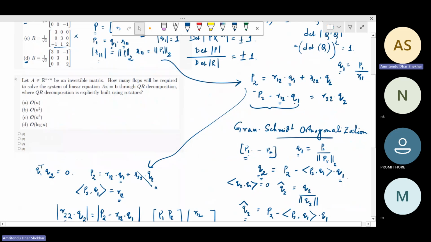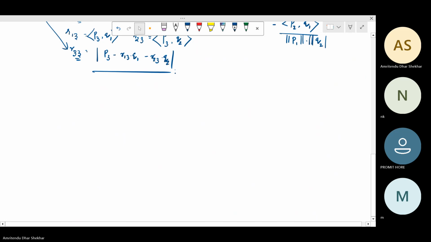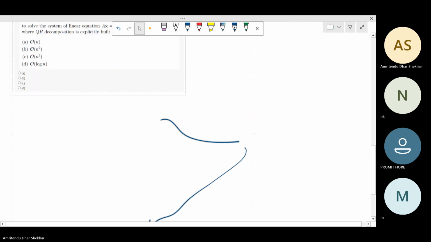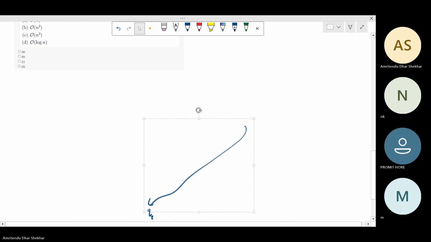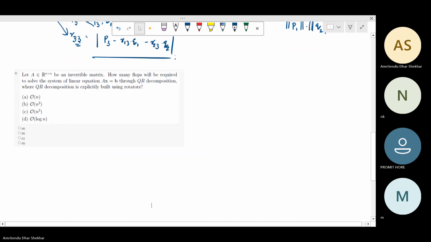Let's look at the second problem. So in this problem, we have a matrix A, and we want to solve for Ax equals B using a QR decomposition.